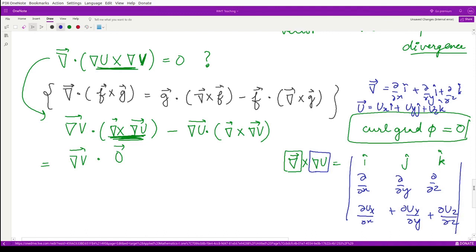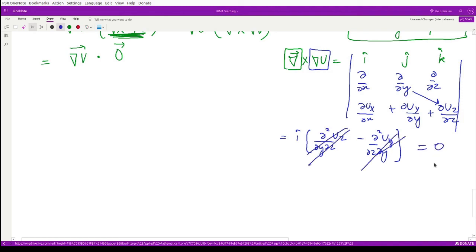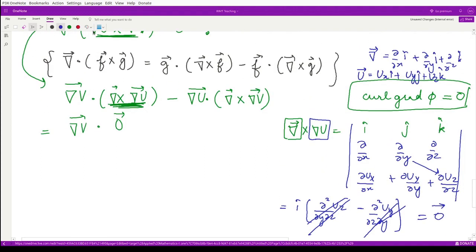When you take the determinant of this quantity, it is equal to i cap times del 2 by del y del z of uz minus del by del z del by del y of uy, and similarly you have the components for j and k. This cancels with this one, so finally you will obtain the zero vector here.